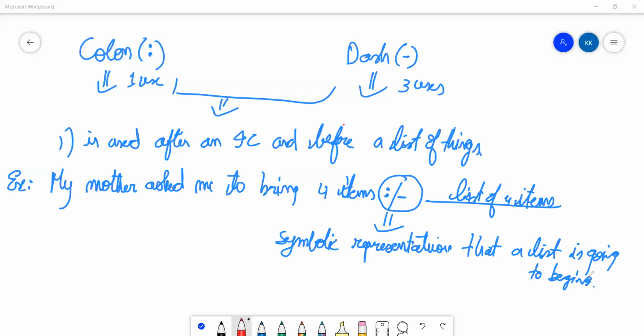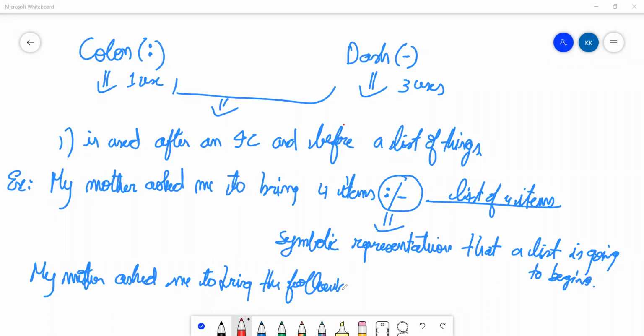Now, if the same sentence was written like this, my mother asked me to bring the following 4 items. Will you keep a colon or dash here? Is it correct? No, ma'am.